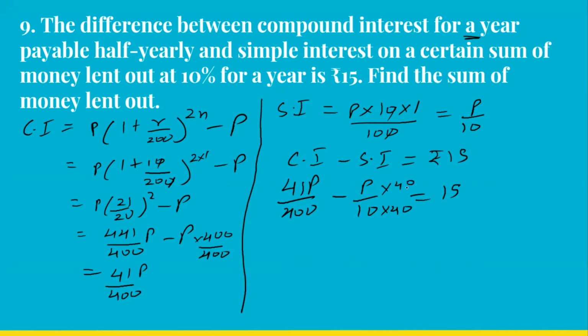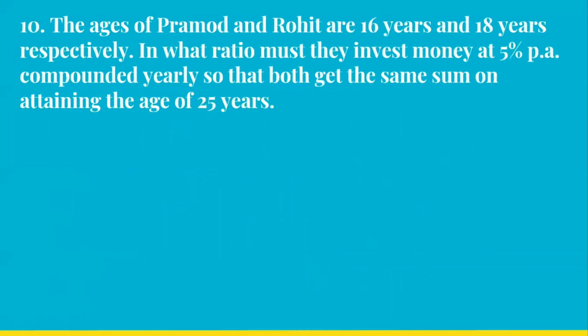So 41P minus 40P is going to be P upon 400 is equal to 15. So P is equal to 15 into 400. 15 fours are 60 and these 2 zeros. So it is going to be rupees 6,000 is what is the sum of money lent out. Got it? Let's move on to the last question of the exercise.